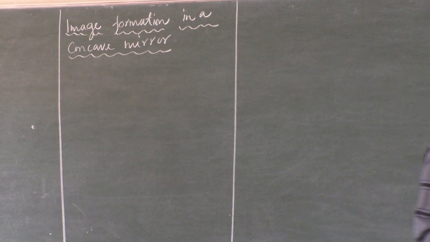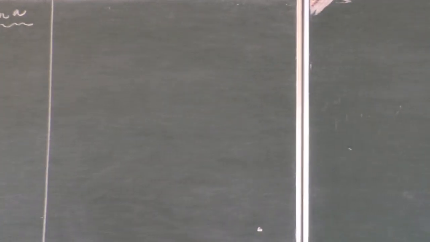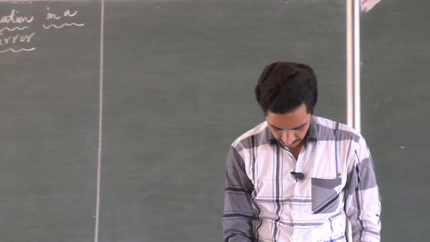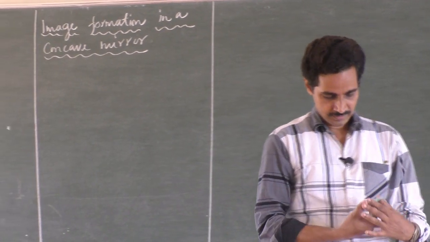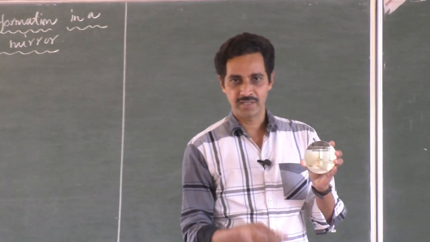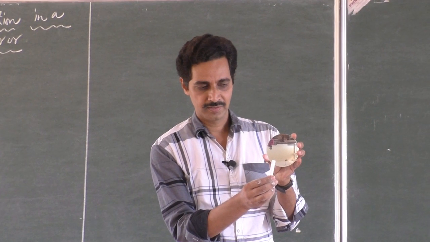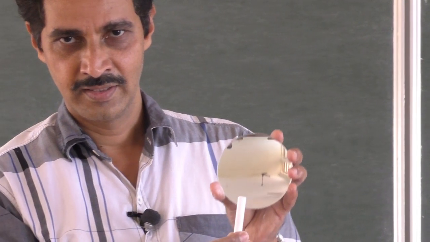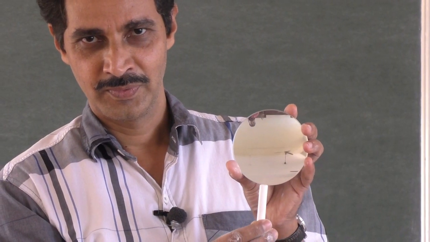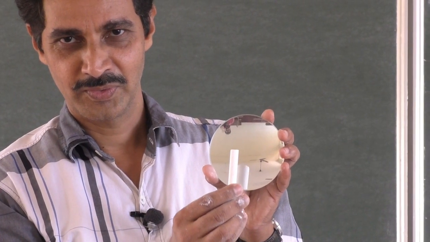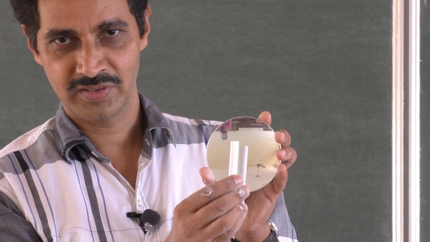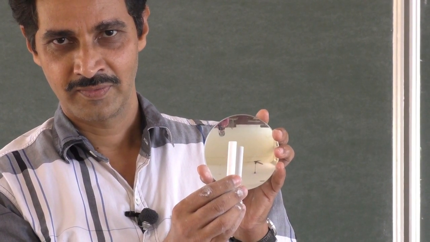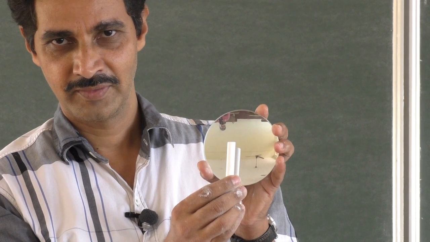Now if you take a concave mirror, and this is a larger concave mirror I have taken today, if you place an object very close to it, can you see the enlarged image of this object at a certain distance? You can see the image at one position, the enlarged image, inside the mirror, right?